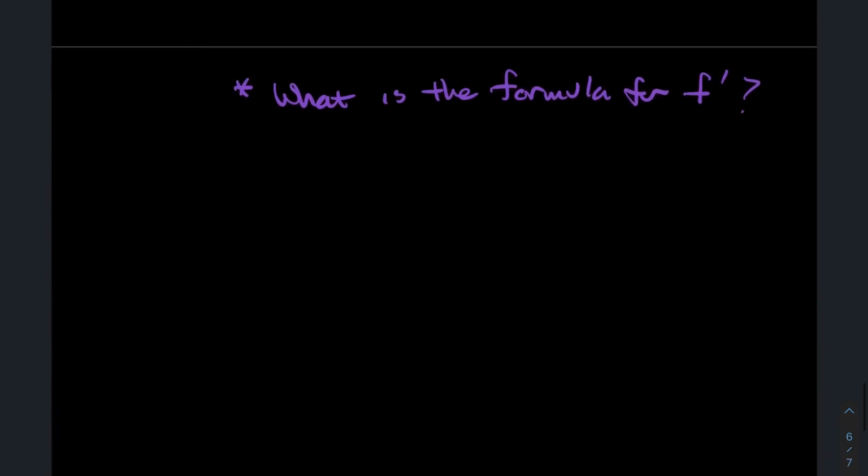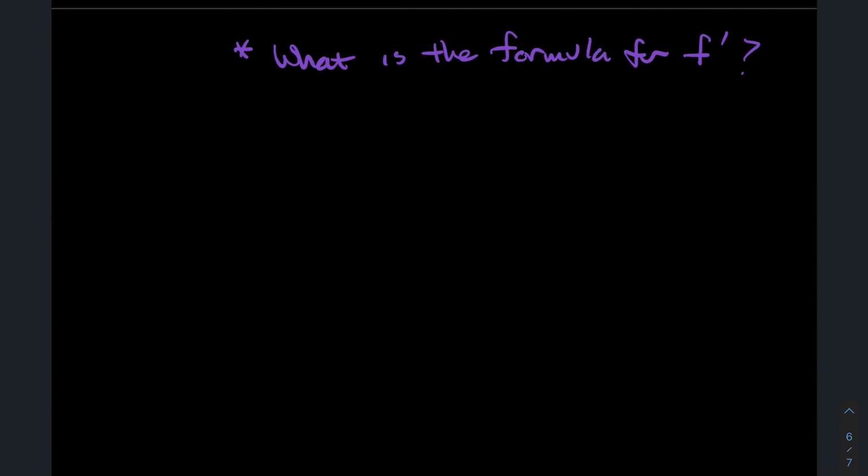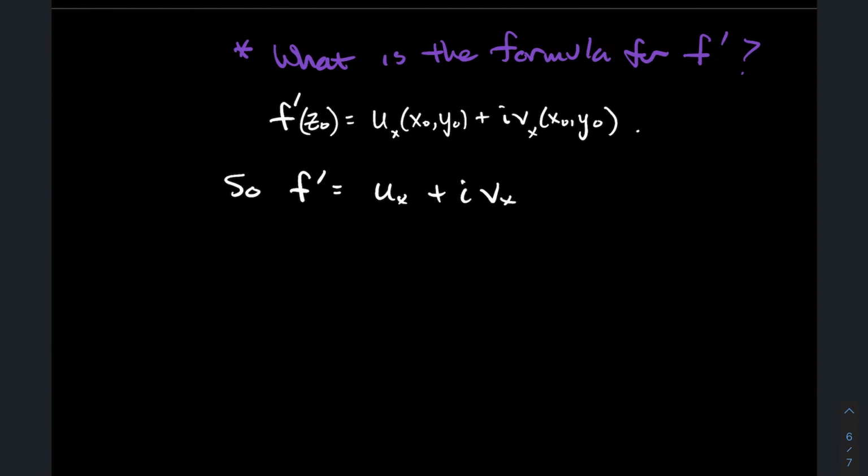And the last thing we'll do, what is the actual formula for f prime? And here's where, just to show how to use it, we'll use this formula from the theorem. So the derivative of f ought to be the partial of u with respect to x plus i times the partial of v with respect to x. I don't care about a specific input z0, so we're just going to write generally what's the formula for the derivative.